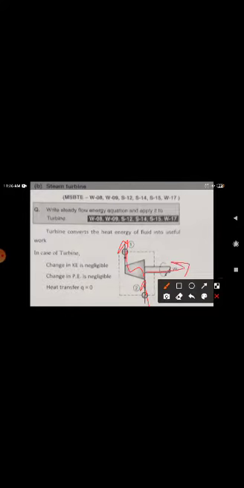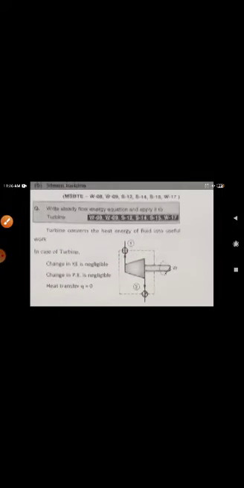In this, the change in kinetic energy is 0, the change in potential energy is also 0, and heat transfer is also 0. Now, putting all these values in, let's find how much work is produced by the turbine shaft.